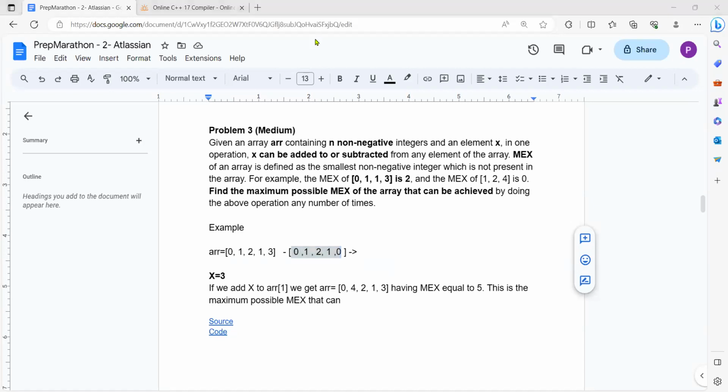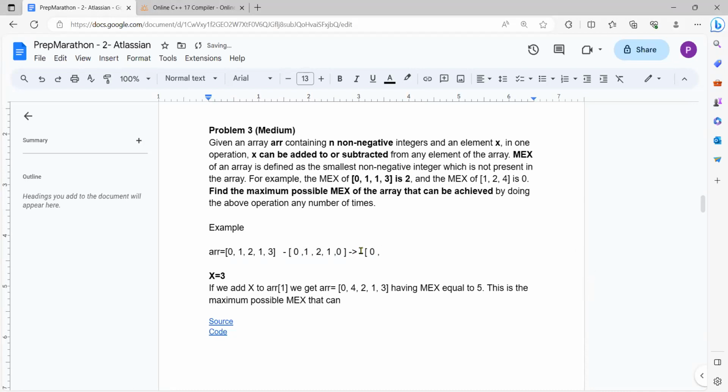Okay, I got 6, 5, 4. Multiple answers for this. Okay, so the correct answer for this is 5 only. What you can do is, this array can be changed to this. 0 it is.